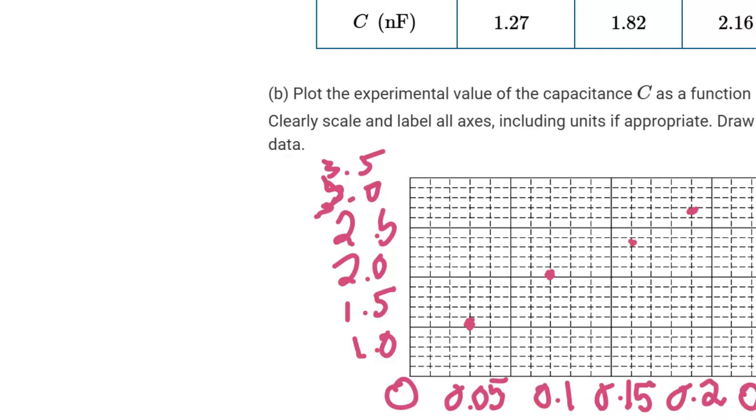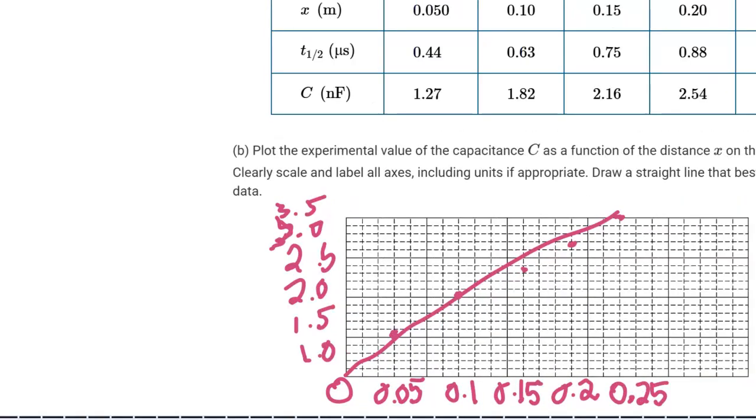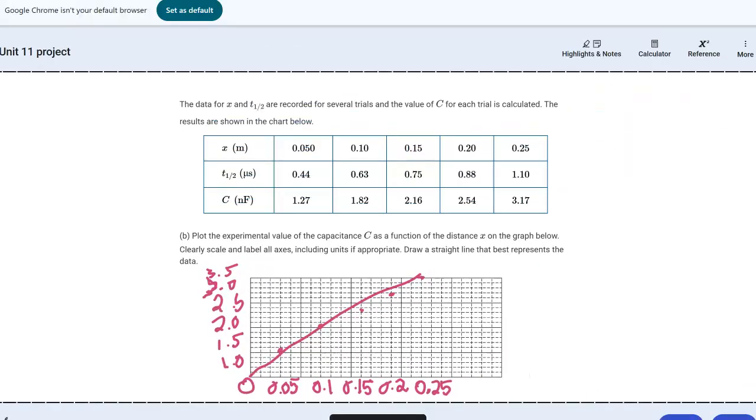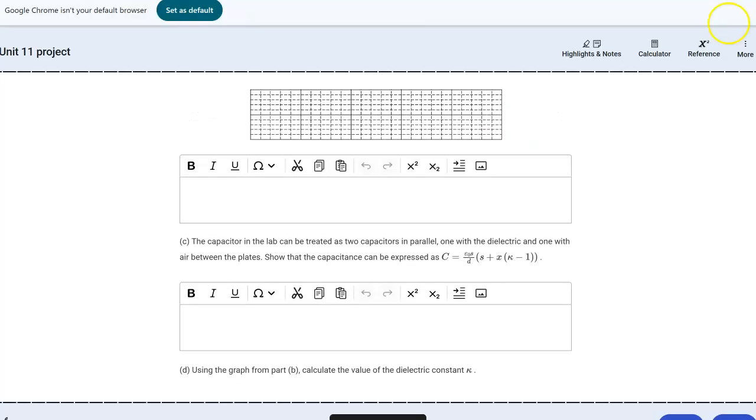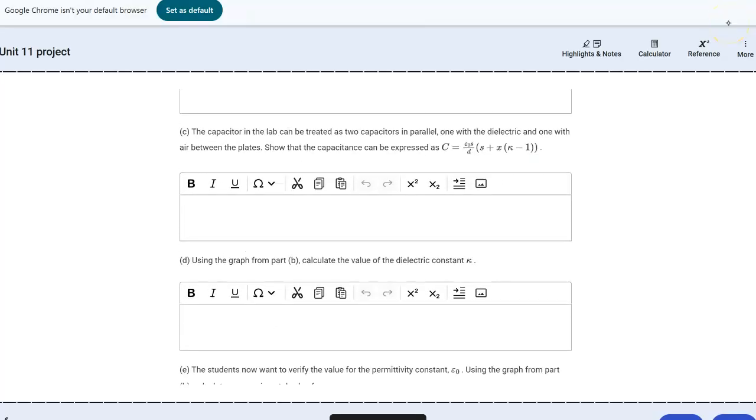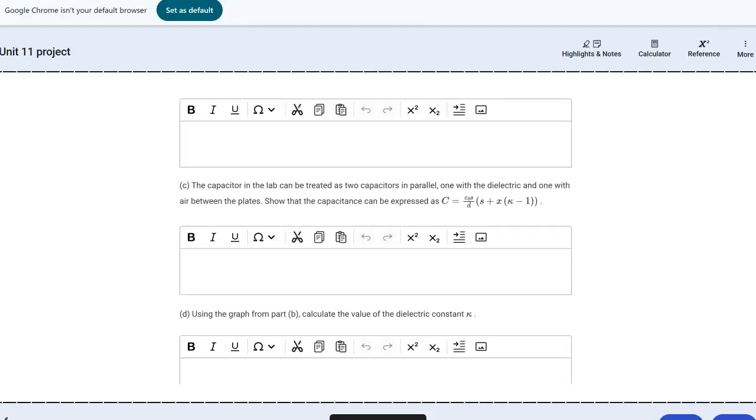And then 0.25, 3.17 will be like there. And then a line of best fit. It's not going to be great because I'm on a computer, but like that. So that's our graph. And then we label the axes, so capacitance on the y-axis and our distance x on the x-axis.